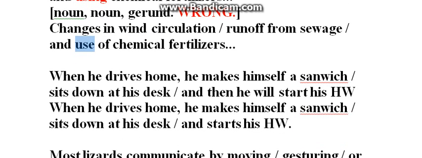When he drives home, he makes himself a sandwich, sits down at his desk, and then he will start his homework. So, is that correct? That's not correct, because we have a list, a collection of things, and those things are simply actions that this guy will do once he gets home.